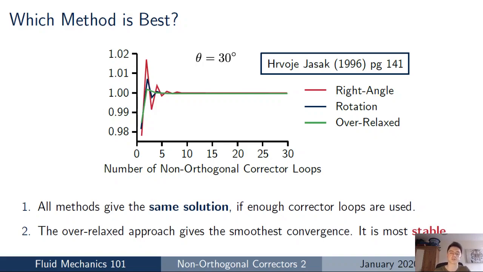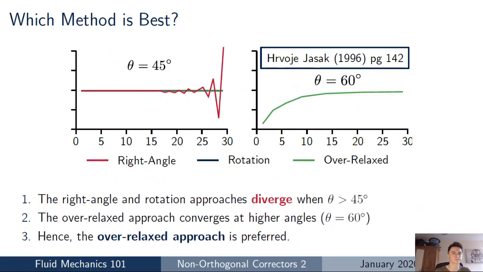And so in terms of stability, what we see here is that actually the over-relaxed approach, the final approach, gives the smoothest convergence. So far, the over-relaxed approach is looking like the most preferred solution for the CFD codes. Obviously, in this example, in terms of accuracy, it wouldn't actually matter which solution we decided to take.